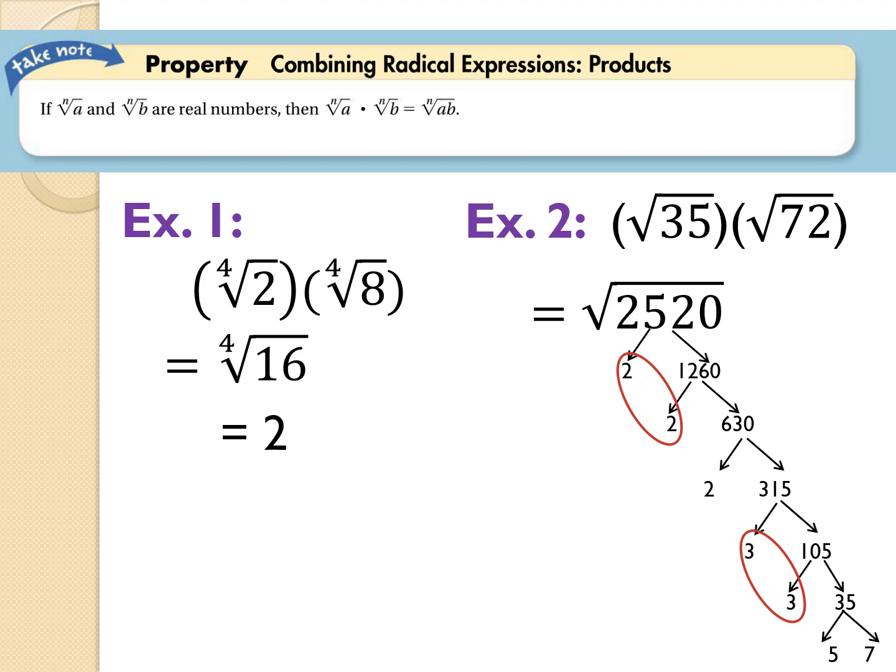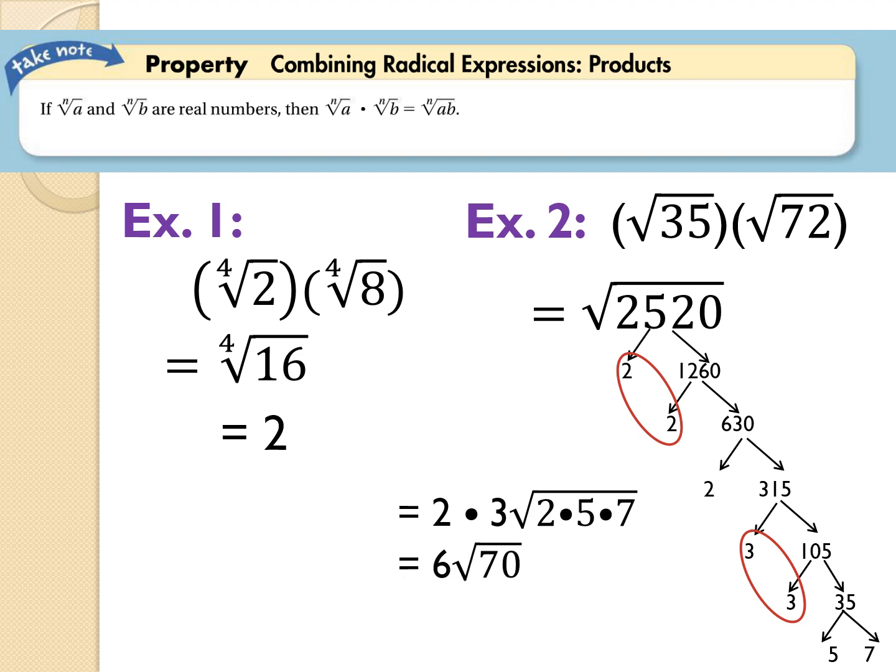So the 2 and the 3 get to come outside of the radical because 2 times 2 is 4, square root of 4 is 2, 3 times 3 is 9, square root of 9 is 3. So 2 and 3 come outside. However, 2, 5, and 7, they didn't have a buddy to be circled with. So they stay back underneath the radical. So 2 times 3 is 6. And that gets 6 square roots of 70.